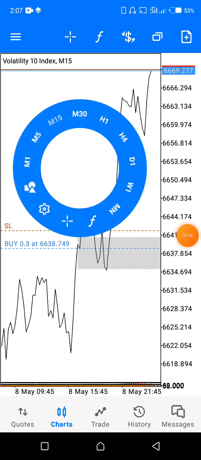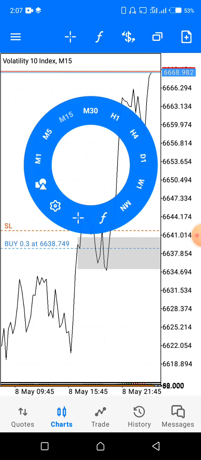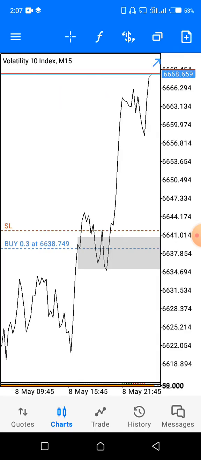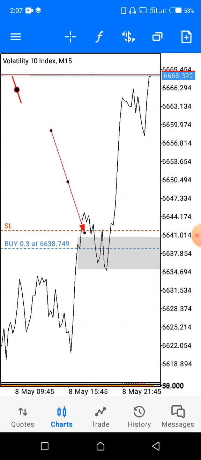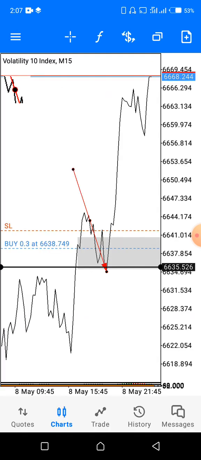Why I changed this to a line chart is so that you can see it very clearly. Take a look at this now. You see, all these points are resistance points. Then after the market broke to the upside, it came back down and tested the place again.